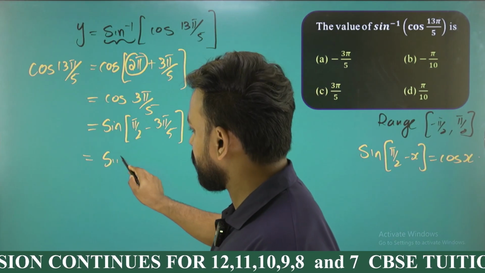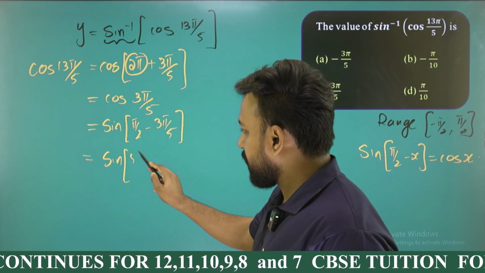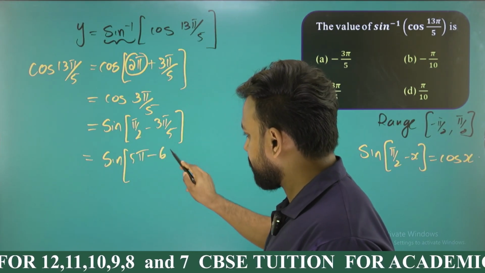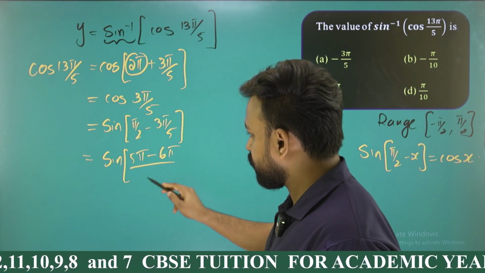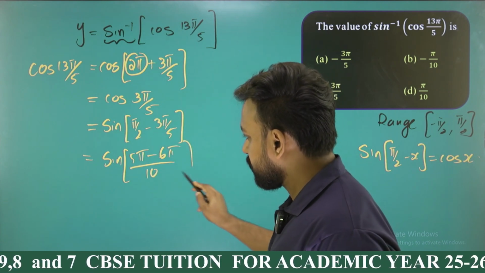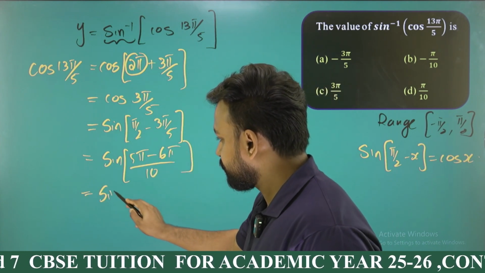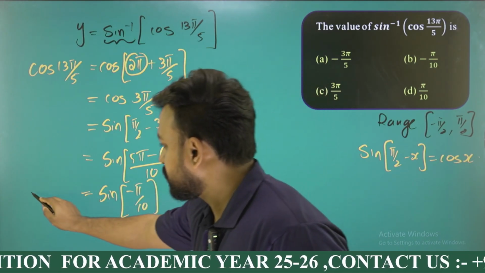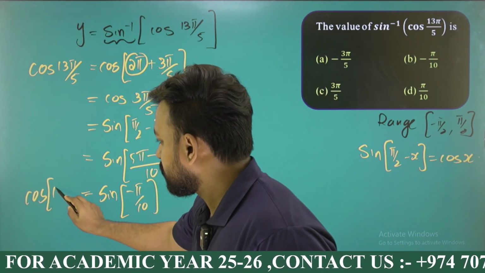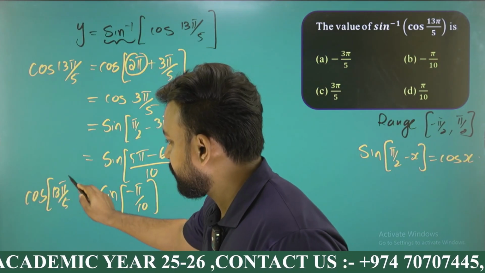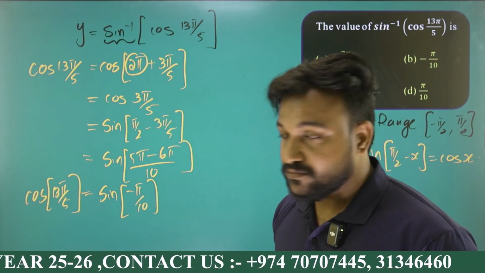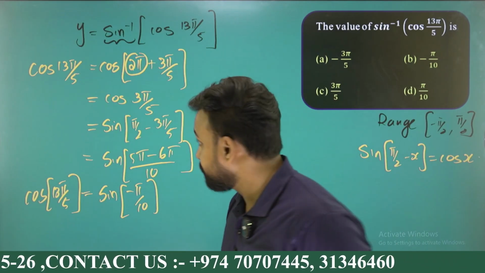When you cross multiply, 5 into pi is 5 pi, minus 2 into 3, 6 pi, by 2 into 5, 10. So you will get sine of minus pi by 10. Instead of cos 13 pi by 5, we are going to use sine of negative pi by 10. Both have the same value.